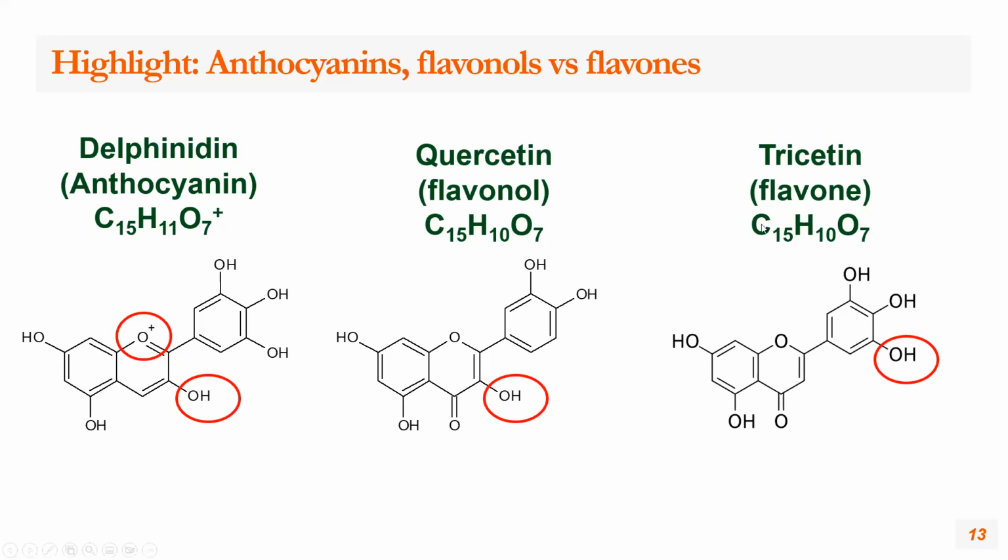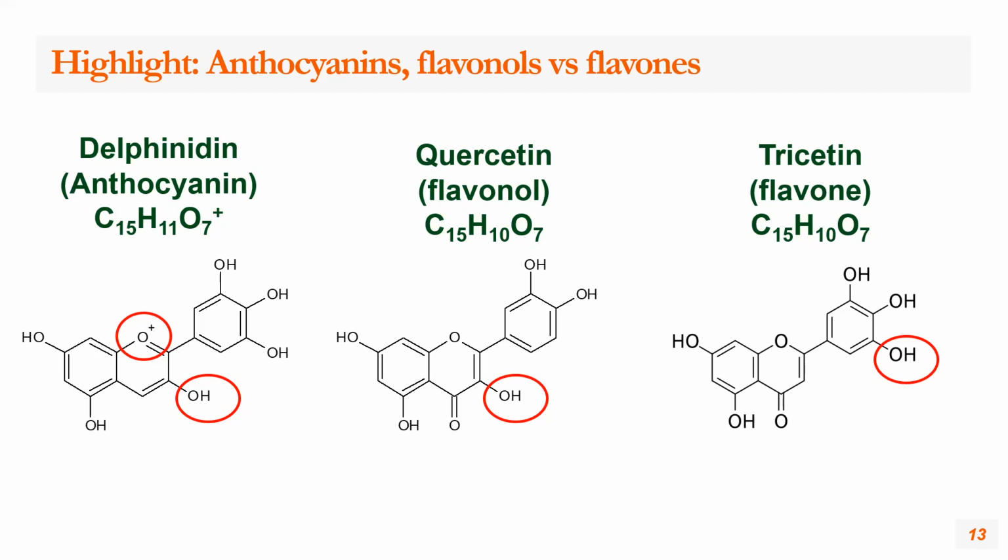You'll notice they have almost the same molecular formula, other than the first one, which has one more hydrogen, but they have totally different structures. So how do we know which one is in our sample if we did the LCMS analysis?